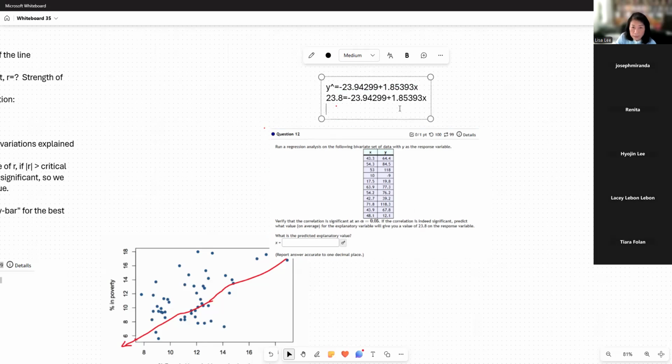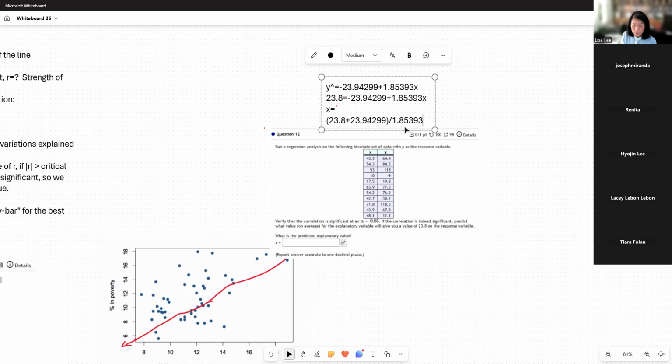So x will be 23.8, and since this number here is negative 23.94299, you move it to the left-hand side and it becomes plus. You add these two numbers, then divide by the coefficient next to the x, 1.85393, and we get x.